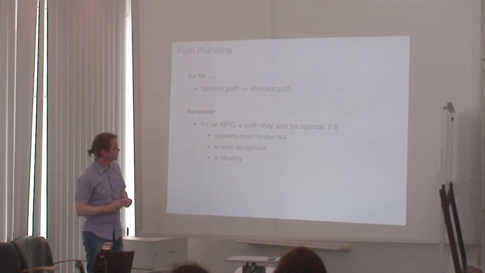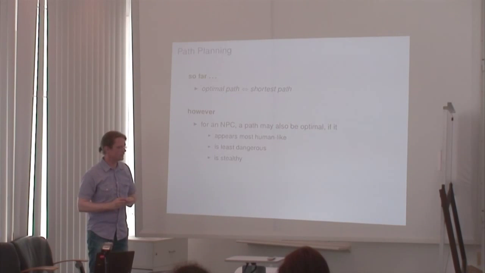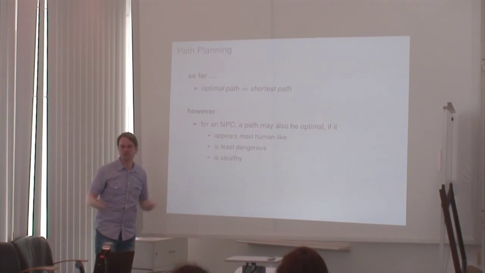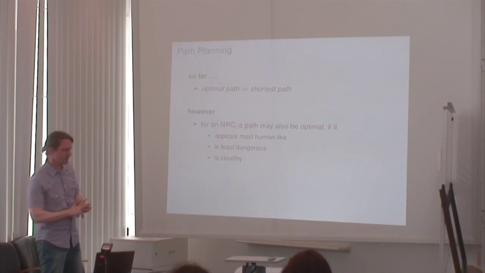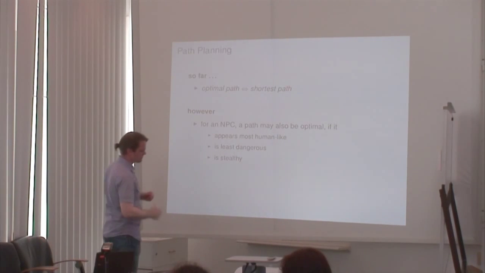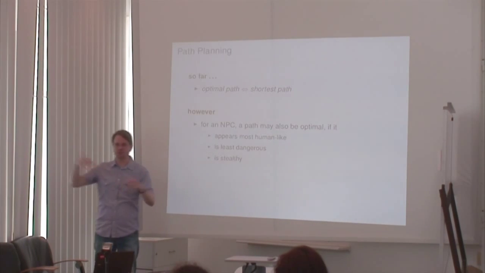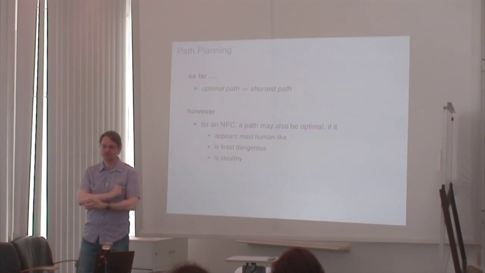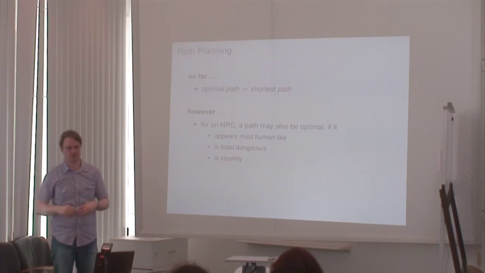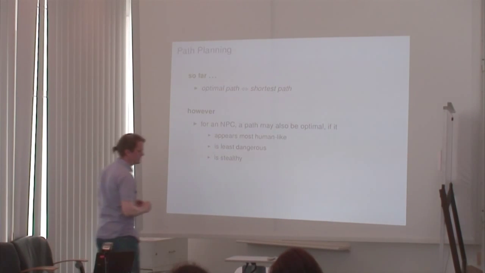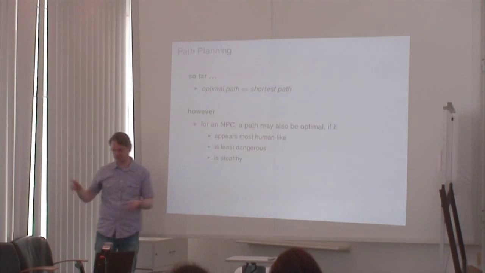It might also be a good idea to compute paths that are least dangerous. If a player character might come under attack by traveling the shortest path from A to B, it's probably not a good idea to take this path. But if there's a longer path that is much safer in the sense that there is no trap waiting along that path, then you should take that longer path.